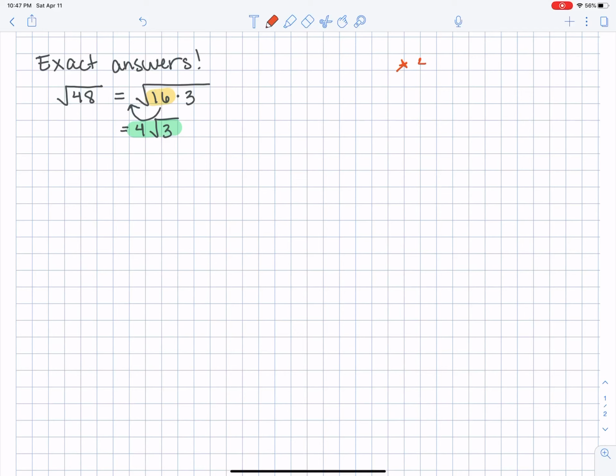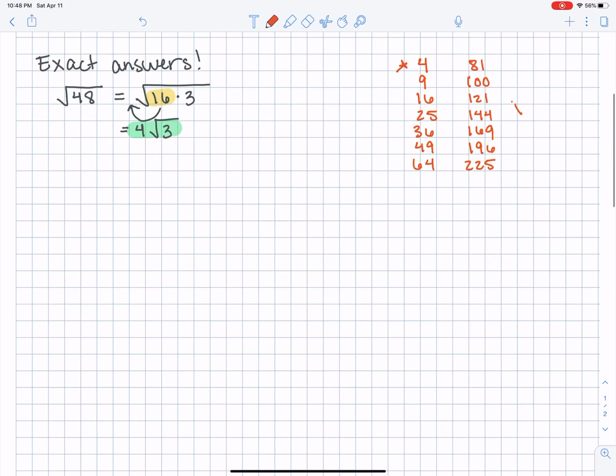But we, of course, care about 4, 9, 16, 25, 36, 49, 64, 81, 100, 121, 144, 169, 196, and 225. And these are all of our perfect squares.